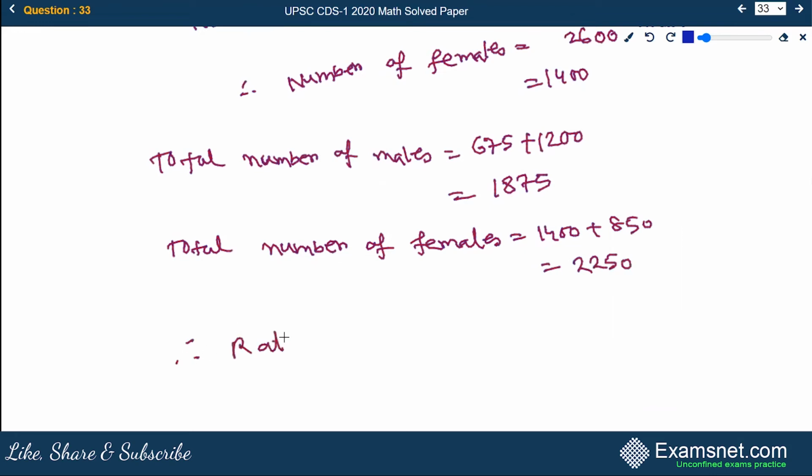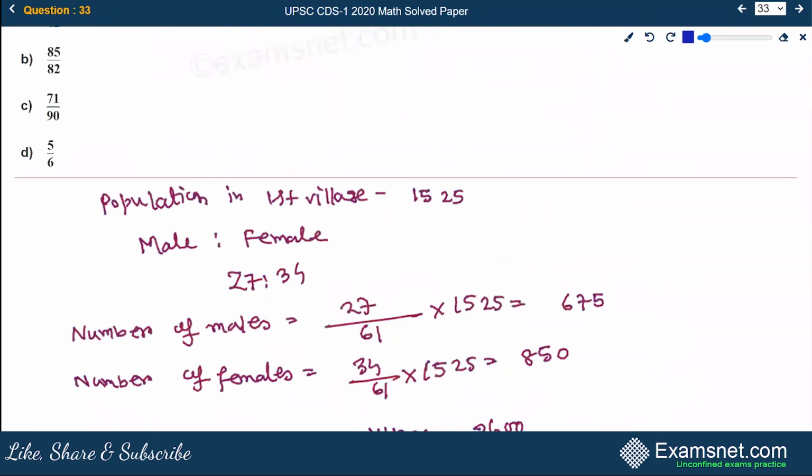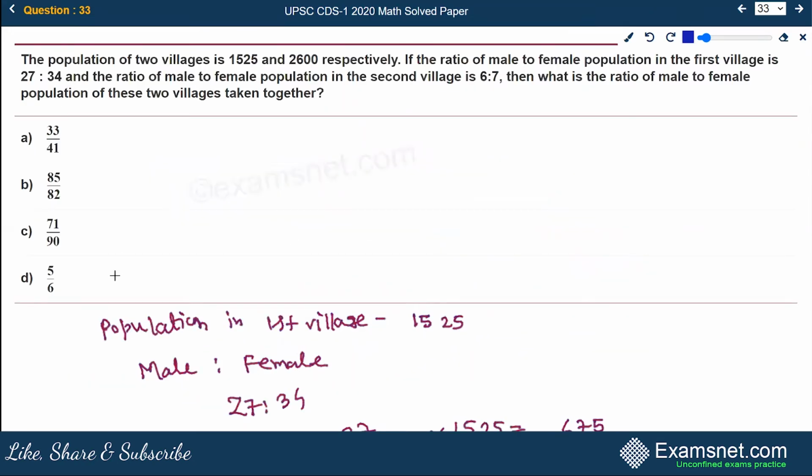Therefore ratio of male to female of both the villages, that is 1875 to 2250, and after simplification we'll get the value as 5:6. So here the correct answer is option D, that is 5/6.